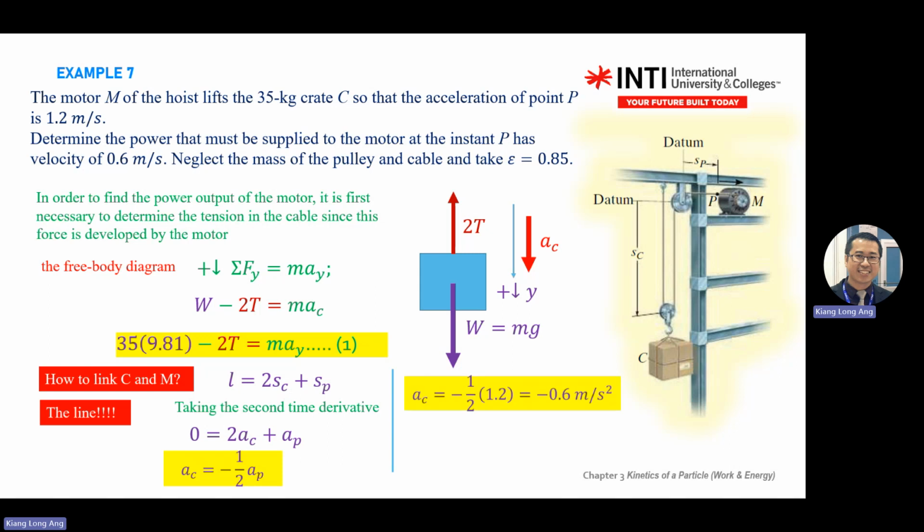Once we have that, you know what is your AC, because the question gives you the acceleration of P, it was 1.2 meter per second squared. Again, a typo error on the slides. Once you know the acceleration of C, substitute back into equation 1, and you should be able to find your tension in the cable.